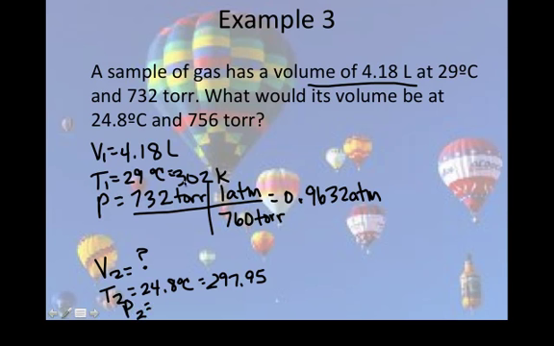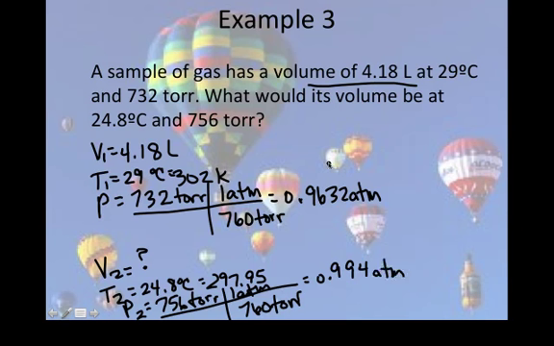And then we have a new pressure as well, 756 torr. So let's change that to atmospheres. Divide 756 by 760, and we get 0.994 atmospheres.